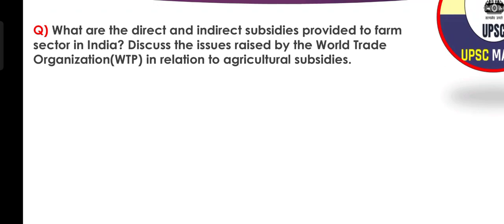That's why we try to give subsidies, so that our farmers get sufficient money for their production. That's why we give them the subsidy, whether it is direct subsidy or indirect subsidy. So this is the principle.